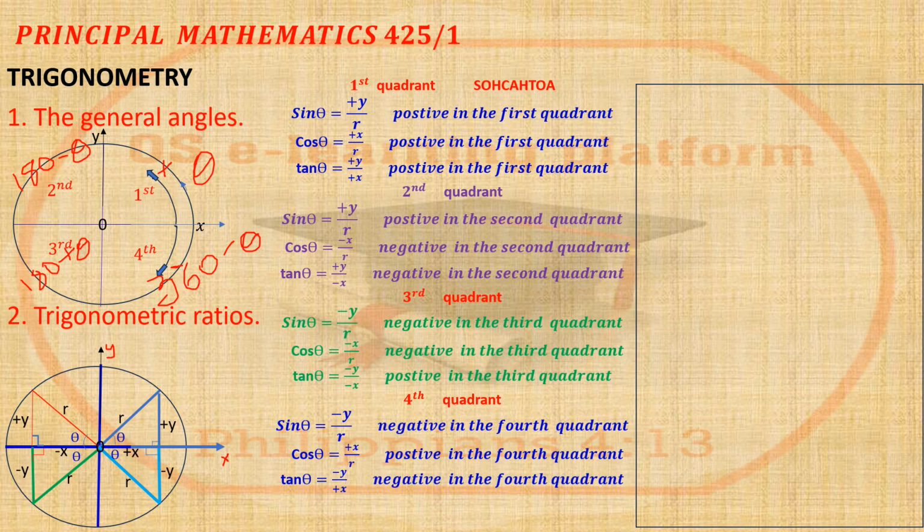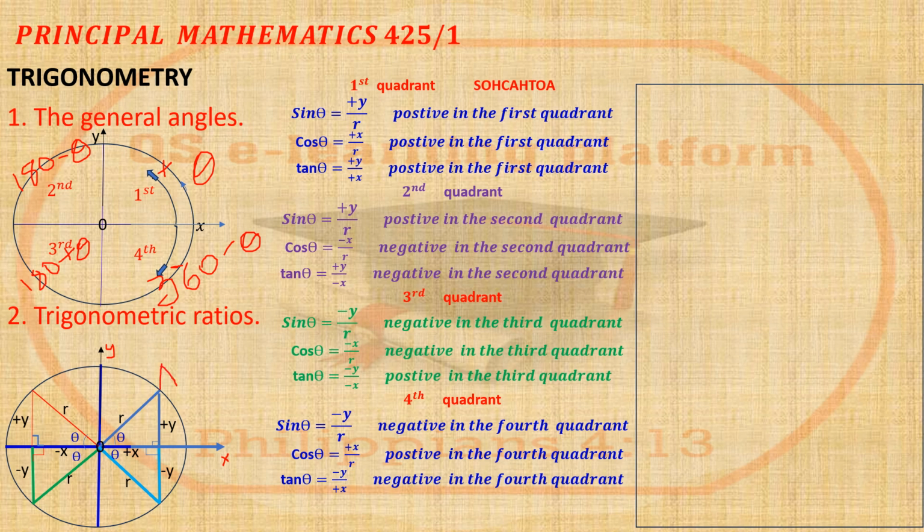Now mathematically, the item taker should be in position now to memorize this, and we shall use very many different acronyms that will give us a point of remembrance on these signs of the trigonometric ratios in each of the quadrants. We are realizing that in the first quadrant, all are positive.